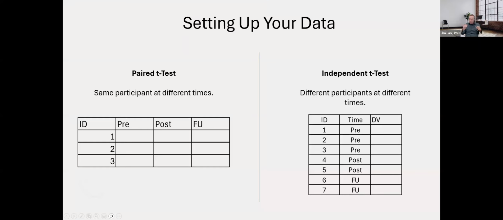Data setup. There's lots of ways to put data, but typically speaking, there's two ways of putting in data. The first way is you have the same participant over time. Participant ID number one has a pre-test score, has a post-test score. You need them on the same row. Same participant, same data.